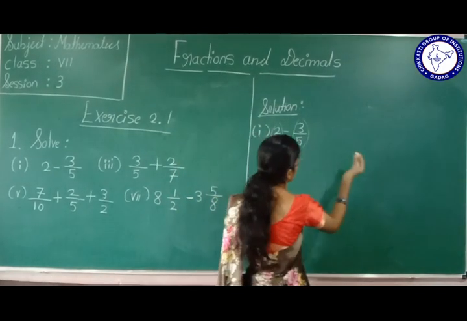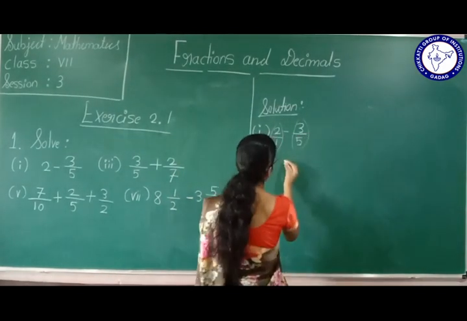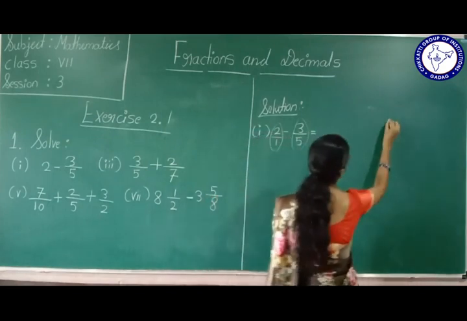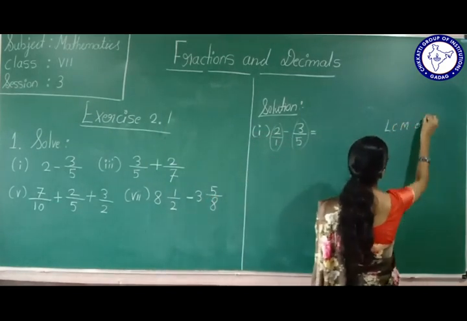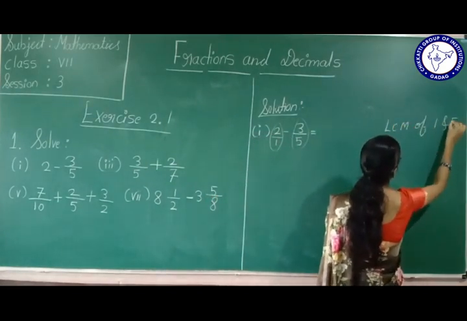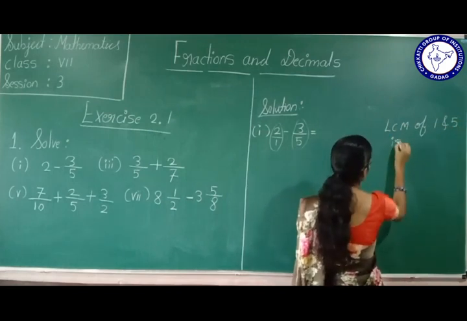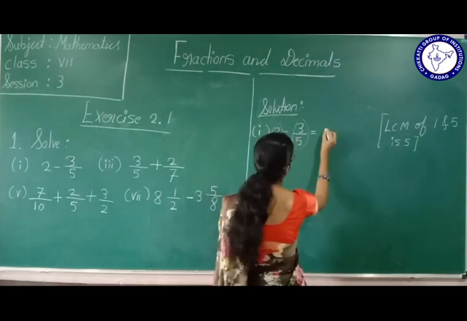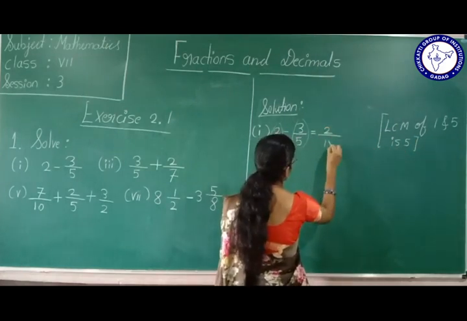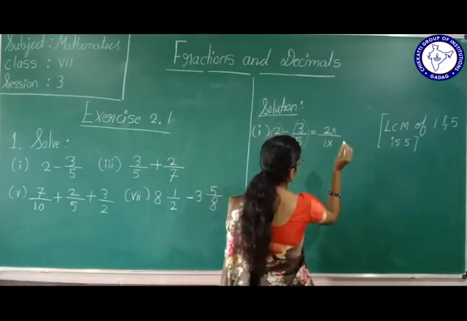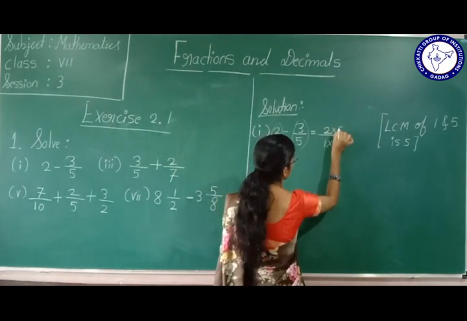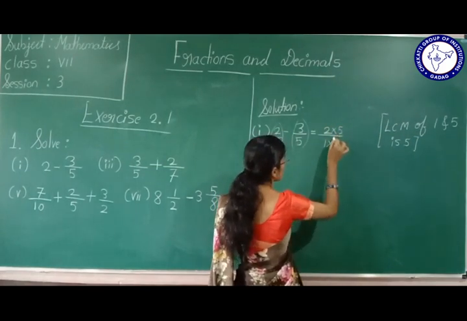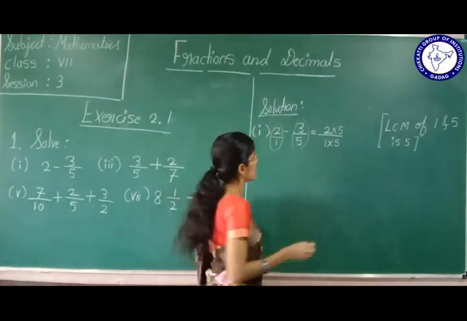Okay, see here. What is the LCM of 1 and 5? LCM of 1 and 5 is 5. Okay, see here, 2 by 1. 1 how much are 5? 1 5s are 5. Multiply both numerator and denominator by 5.